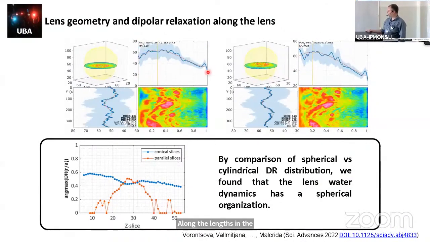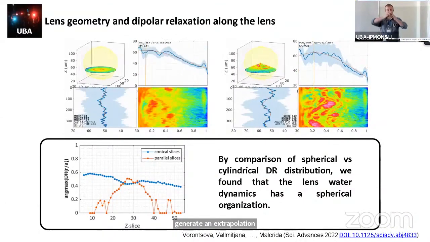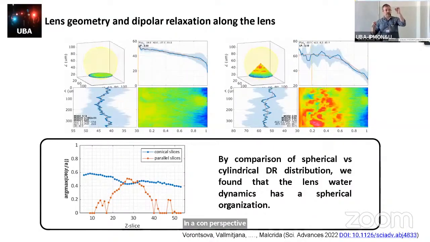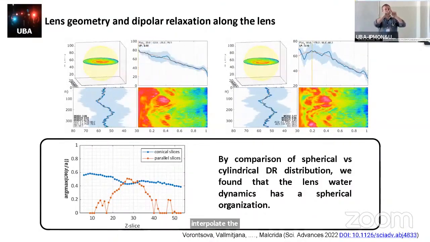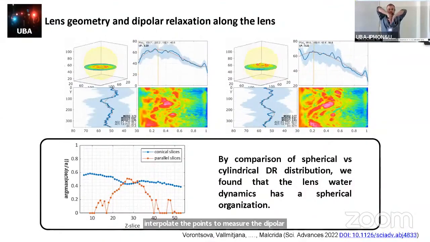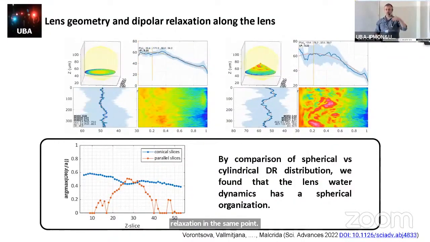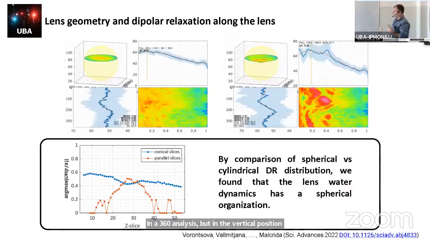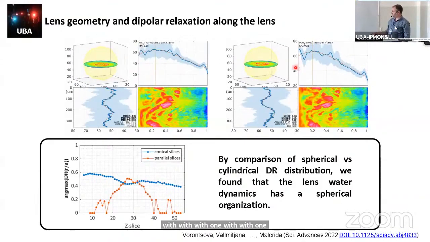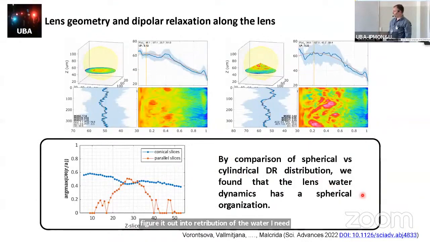Or he generated an extrapolation from a cone perspective along the whole thing. So he interpolated the points to measure the dipolar relaxation at the same point in a 360 analysis, but in the vertical position, with one aim. The idea was to figure out if the distribution of the water and the organization of the lens was cylindrical or spherical.